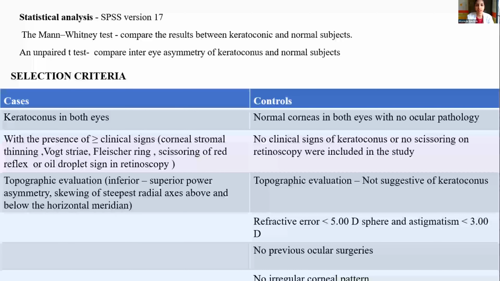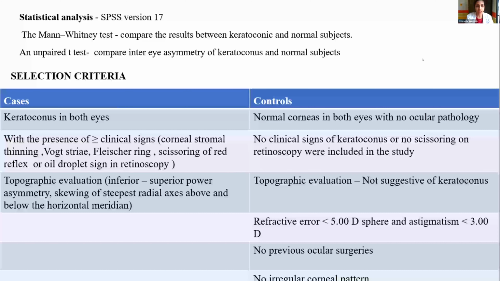The statistical analysis was done using SPSS version 17. The Mann-Whitney test was used to compare the results between the keratoconic and normal subjects, and an unpaired t-test was used to compare the inter-eye asymmetry of keratoconus and normal subjects.